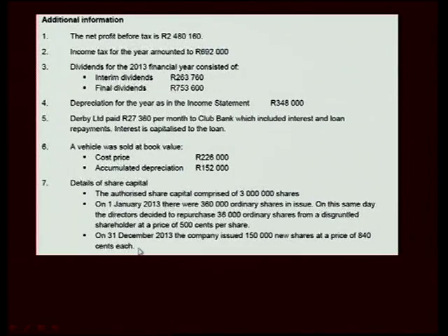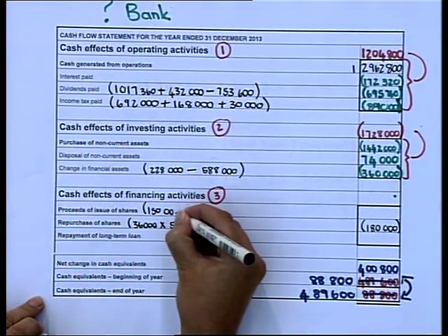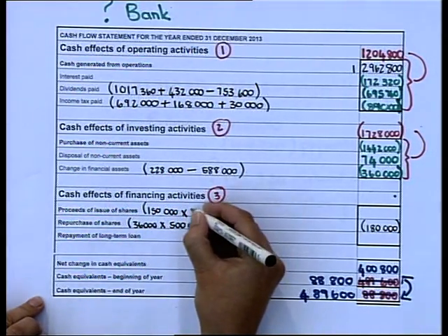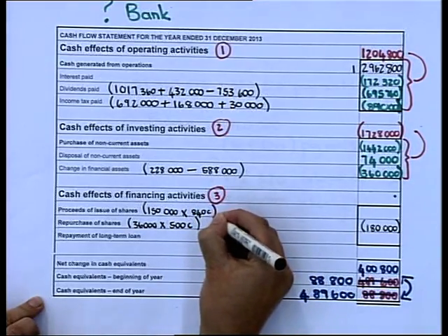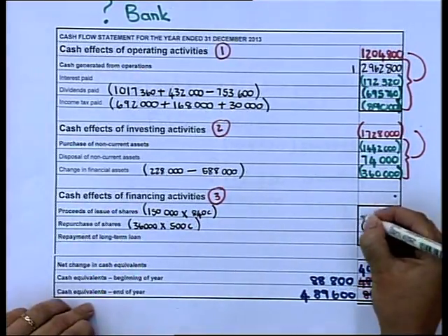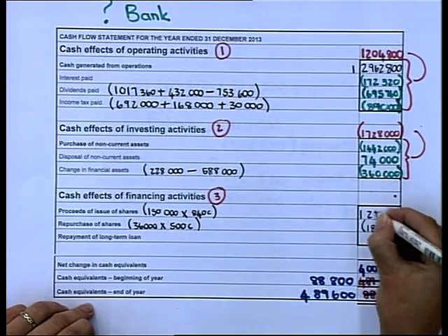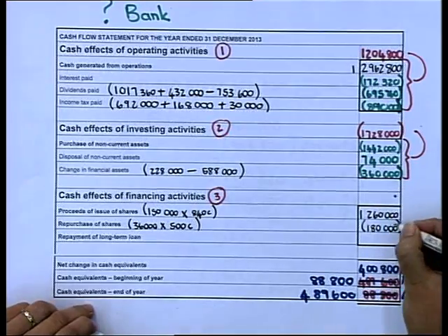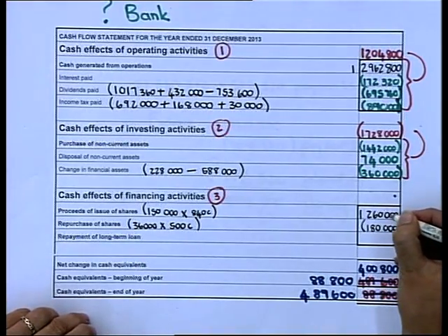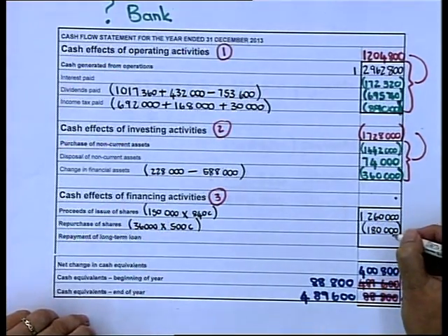That means 150,000 times 840 cents came in, and that gives me 1,260,000. So they had a lovely cash injection there from the proceeds of shares issued.